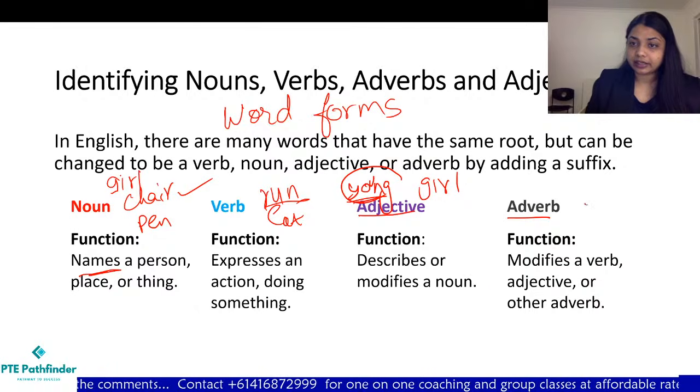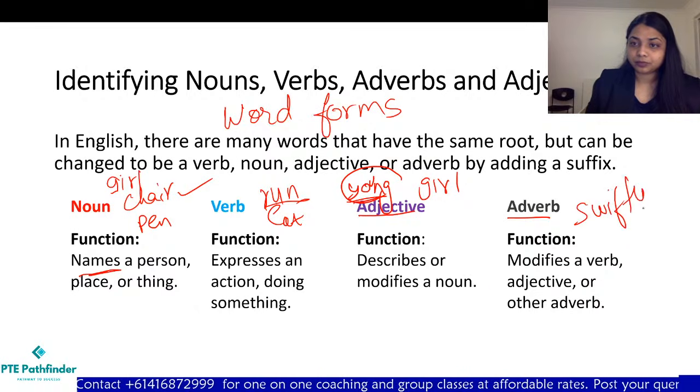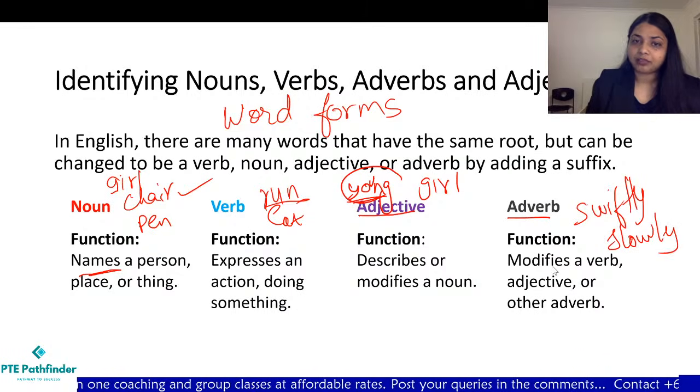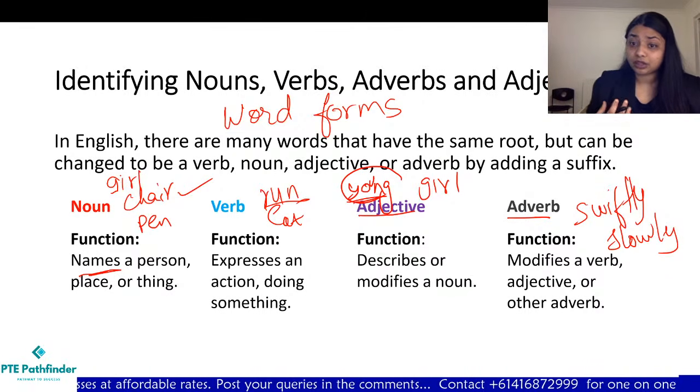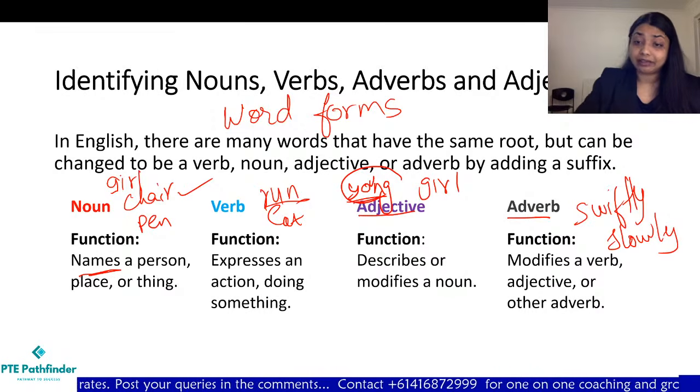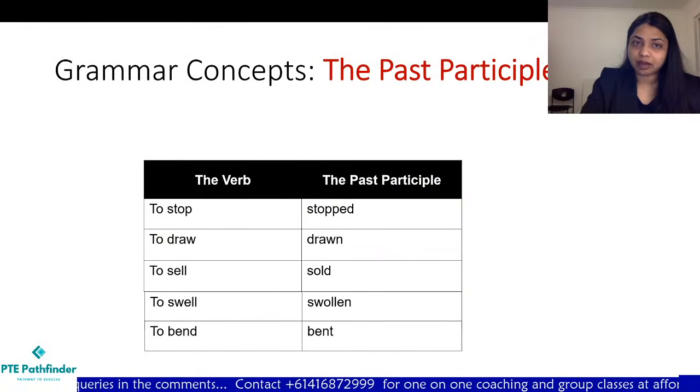So words like swiftly or slowly, they are all adverbs. So they either modify a verb, sometimes they also modify an adjective, and sometimes adverbs modify adverbs themselves as well. So this is something to keep in your mind whenever you're trying to solve fill in the blanks, because that's very, very crucial for solving the blanks correctly. So let's get started with the grammar rules.